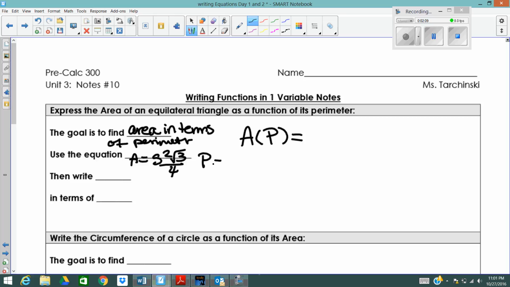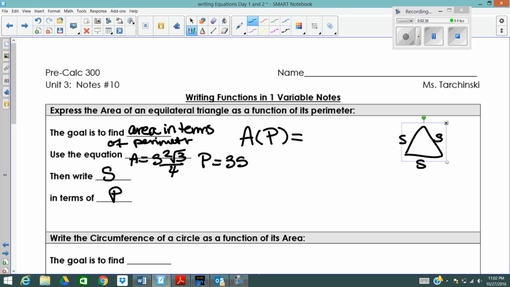Perimeter of an equilateral triangle would just be 3s, because if it's an equilateral triangle, all sides are going to be congruent. So we are going to take out the variable s, because right now area is a function of the side length, and we're going to replace it with p, so that we can have area in terms of the perimeter.